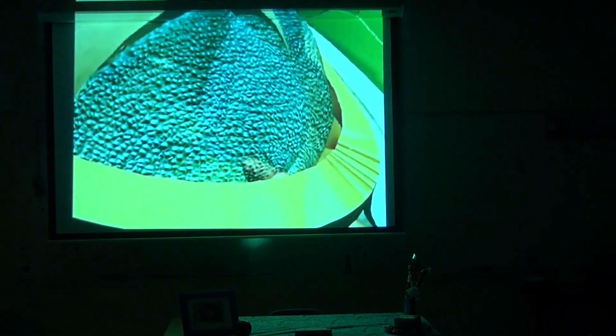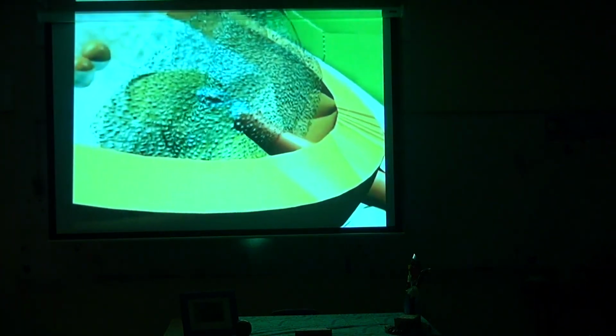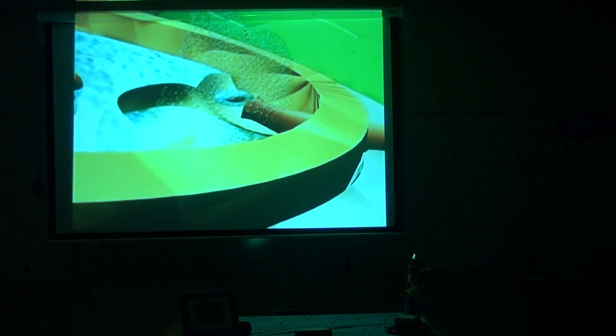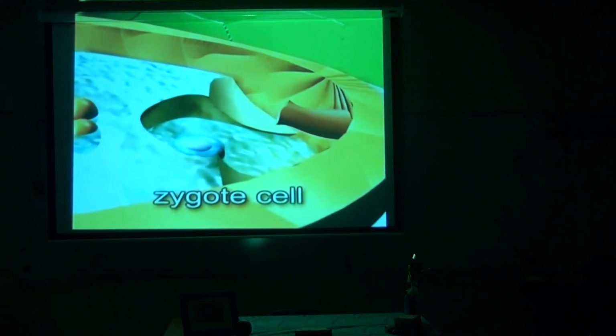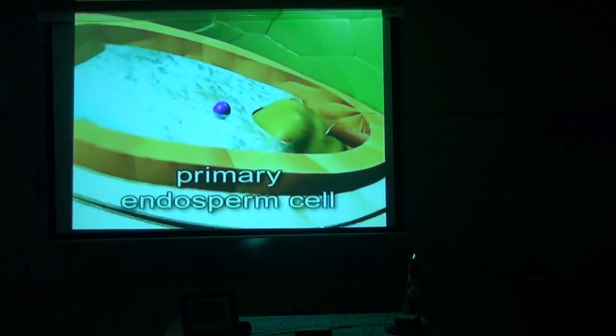It then grows into one of the synergid cells, releasing the two sperm. One sperm fertilizes the egg cell, forming a diploid zygote cell. The second sperm fuses with the two polar nuclei, forming a primary endosperm cell.